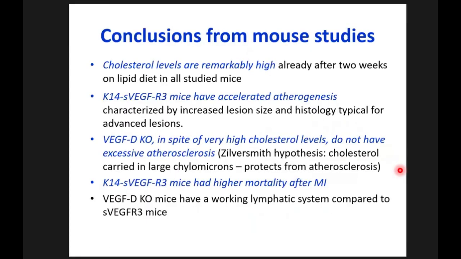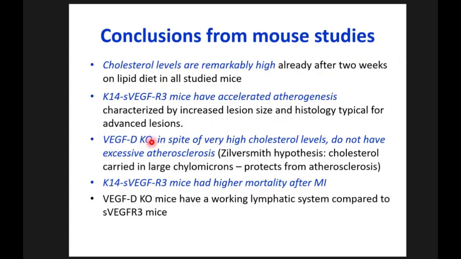So from mouse studies, I would conclude that all these models show cholesterol levels that are very high already after 2-3 weeks of lipid diet. And this soluble VEGF receptor 3 mouse, which blocks both VEGF-C and D effects, has accelerated atherosclerosis together with the very high lipid levels.